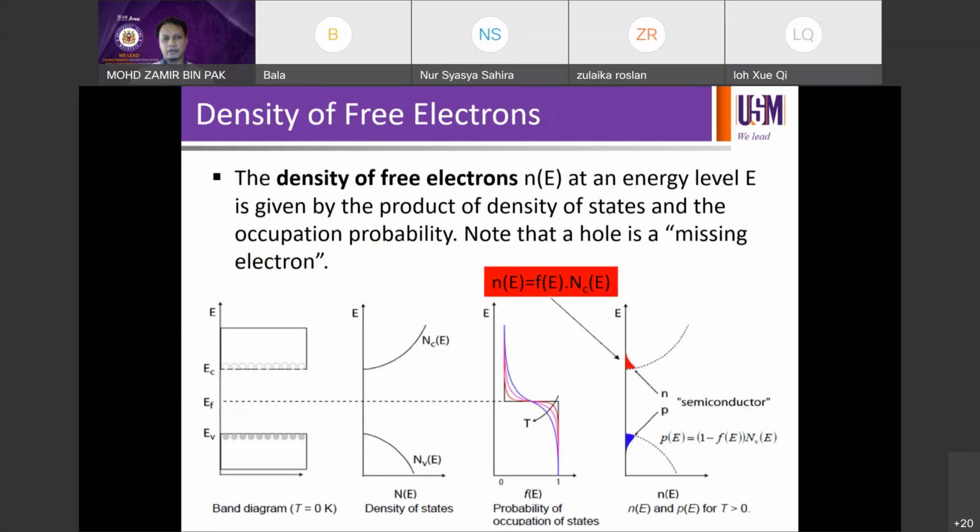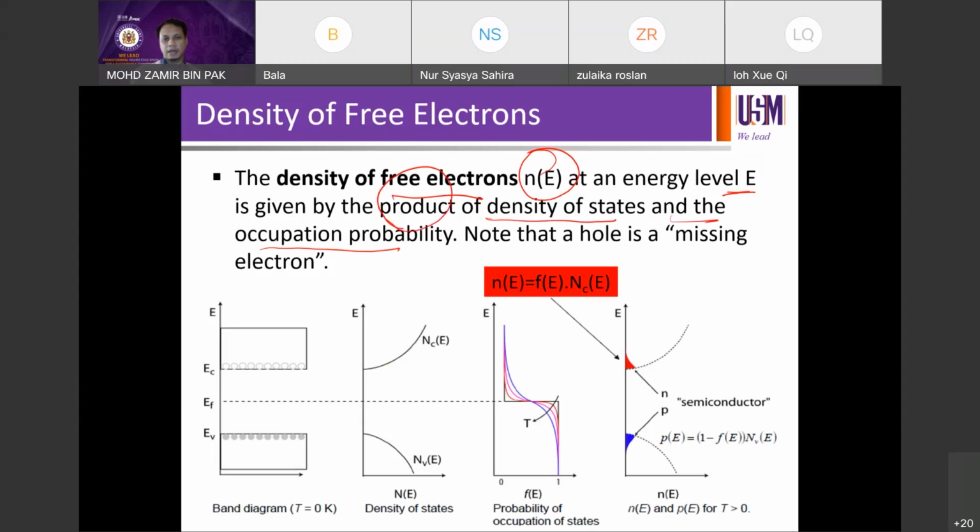The density of free electrons, in this case Ne, at an energy level E is given by the product of density of states, DOS, times the probability of occupation.